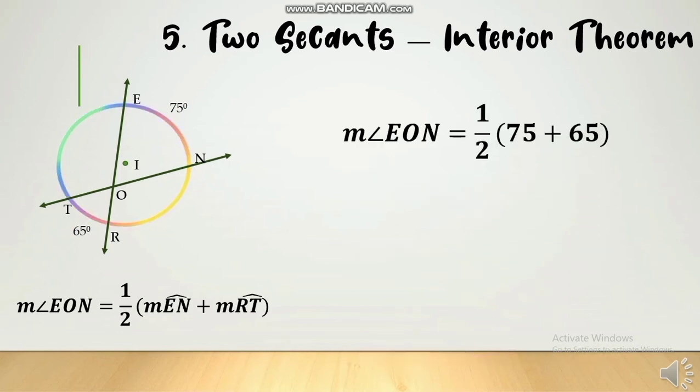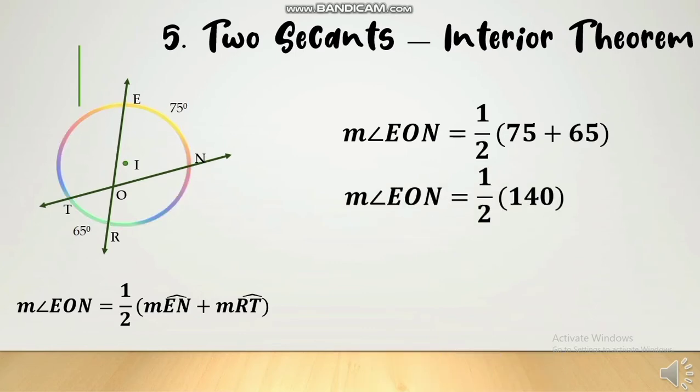So the measure of angle EON is equal to 1/2 times the quantity 75 plus 65. 75 plus 65 is equal to 140, and 1/2 of 140 is equal to 70. So the measure of angle EON is equal to the measure of angle POR. It is also equal to 70.